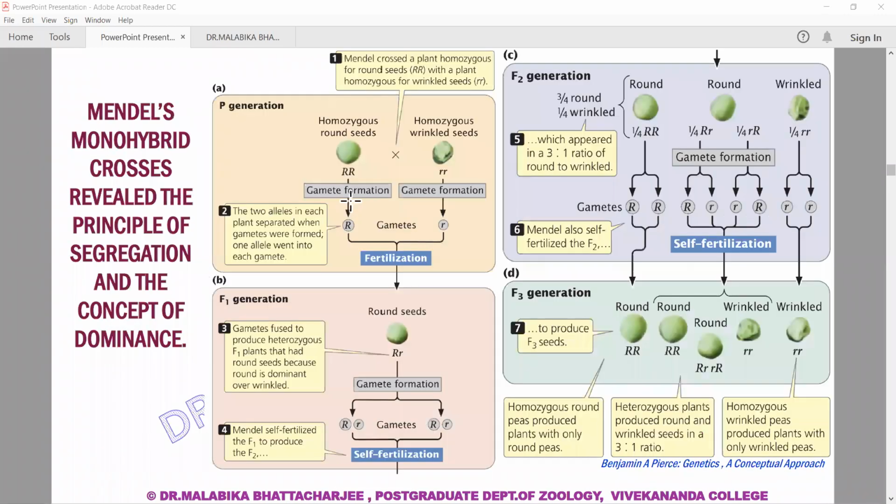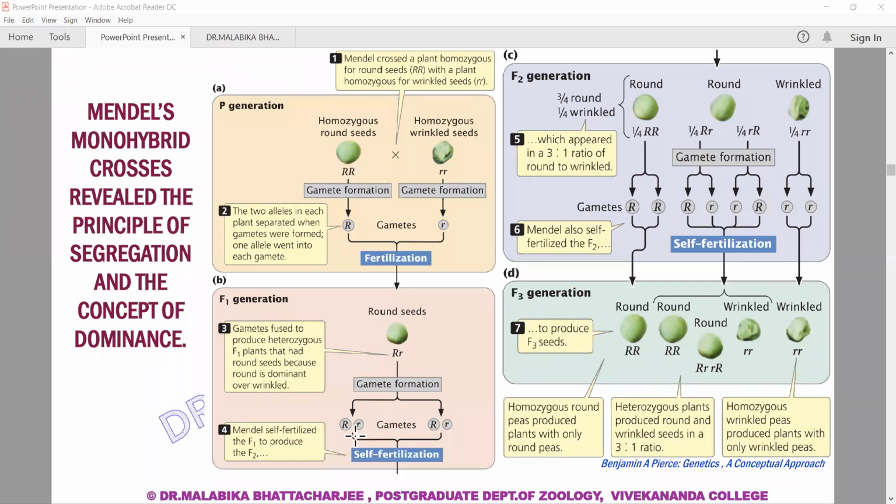This was a monohybrid. So each plant must possess two genetic factors encoding a character. So the round character was encoded by these two alleles, capital R, capital R. The second conclusion that Mendel drew from this experiment was that the two alleles in each plant separate when the gametes are formed. So the two alleles separate when the gametes are formed and one allele goes into each gamete.